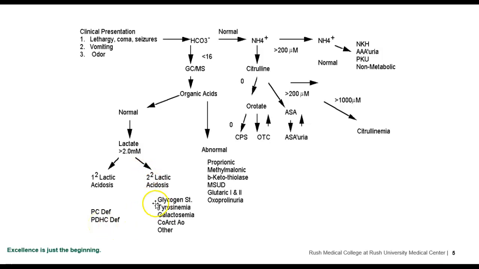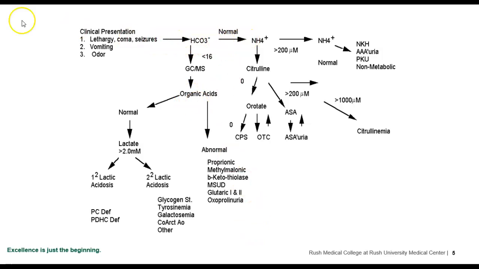Or secondary, such as tyrosinemia, which is an amino acid disorder, galactosemia, which is a sugar metabolism disorder, or coarctation of the aorta. Some of the highest lactic acids I've ever seen are because of a heart defect. Or is it coming from organic acids, such as some of the amino acid and organic acid disorders?